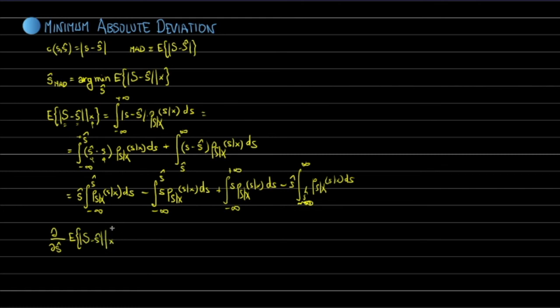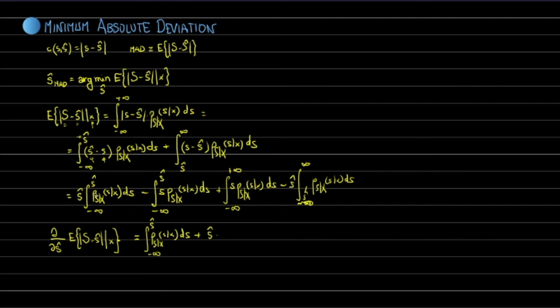Okay, and this will be equal to, well, we have a product here, S hat times the integral, so the derivative will be the integral plus S hat times the derivative of the integral.